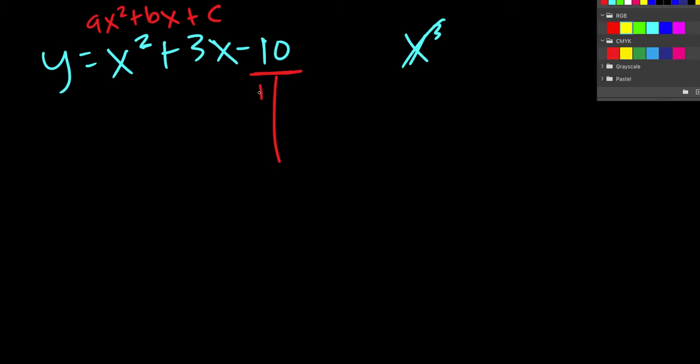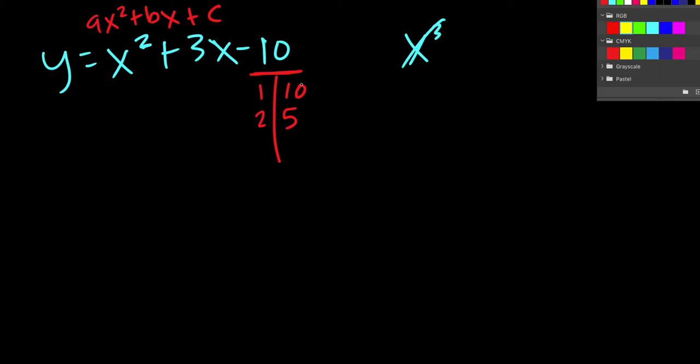So I'm going to always start at 1, and I say 1 times what makes 10? Well, 1 times 10 makes 10. And then we just move to the next one, 2 times 5. Okay, 3 times nothing works, 4 times nothing works, and then 5 brings us back here. So once you do everything that's in between this last one, we know that we're done.